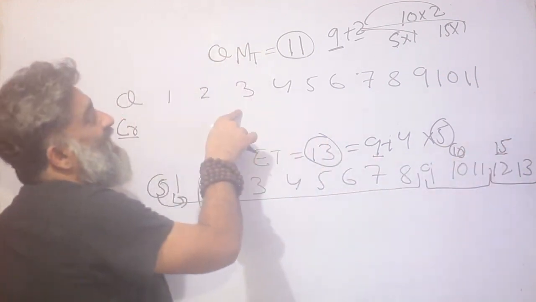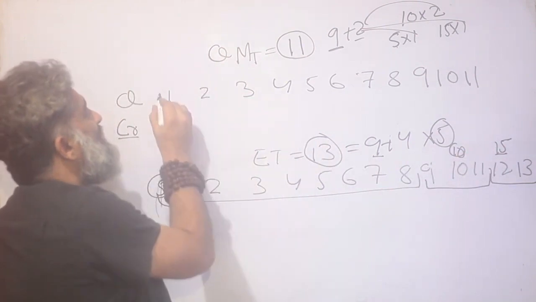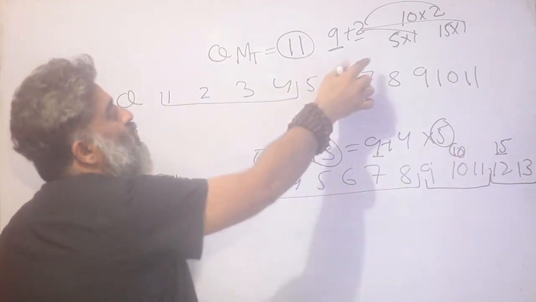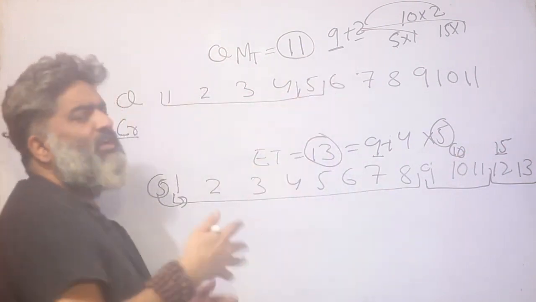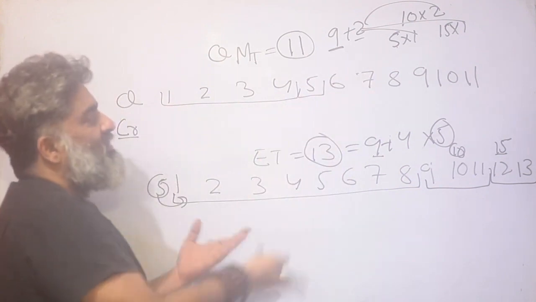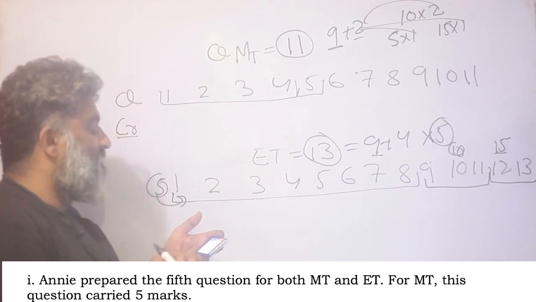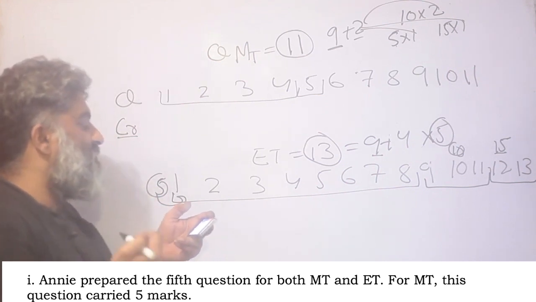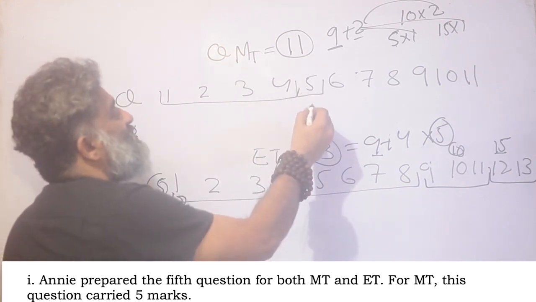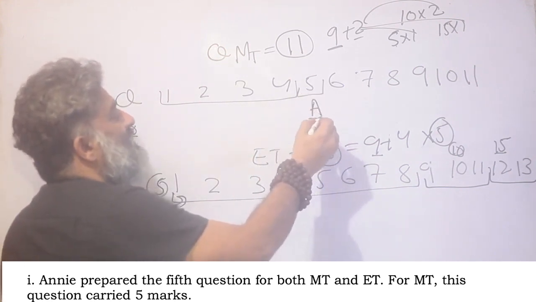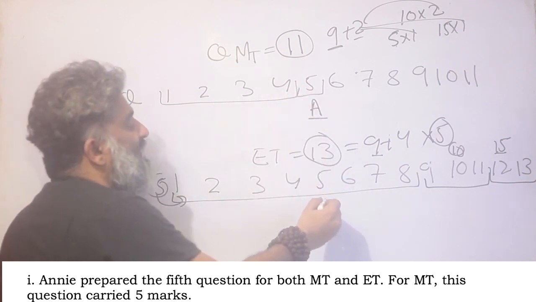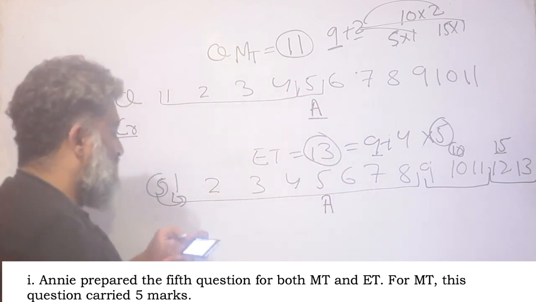But in this story, I do not know whether I have only 4 5-mark questions or maybe one more, which will be revealed to me from the rest of the information given in the problem. In fact, in the very first rule, Annie prepared the 5th question for both MT and ET. So this question was created by Annie, and the 5th question for ET as well was created by Annie.